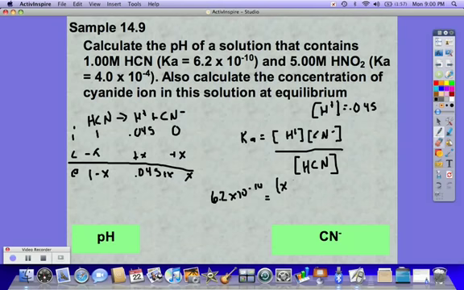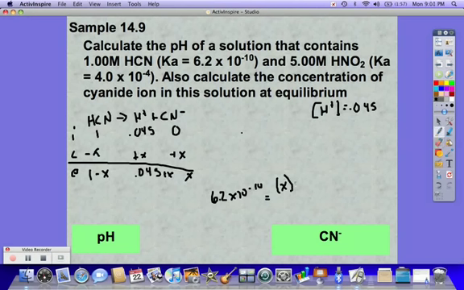So plug in our equilibrium concentrations into the ice table. We have x times 0.045 plus x, and that's actually the cyanide times the hydrogen ion, over 1 minus x. Remember that we can ignore the minus x's and the plus x's, so I'm able to mark out both of those.